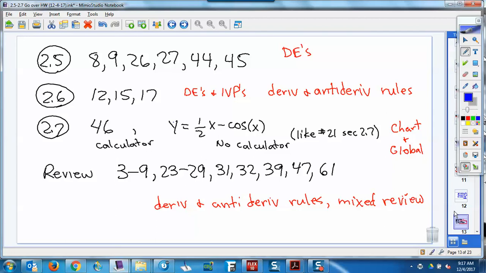Verify something's a solution, do an antiderivative, plug in, find the C value. Here's again a few more of those with e to the x and that kind of thing. So that's just differential equations using your antiderivative rules a little bit.